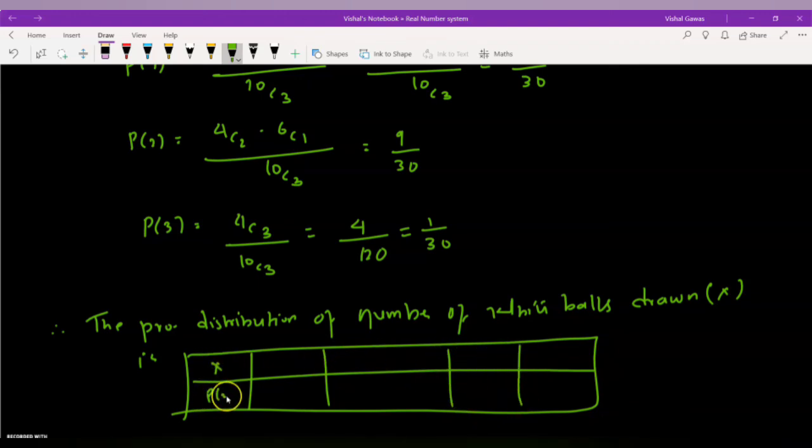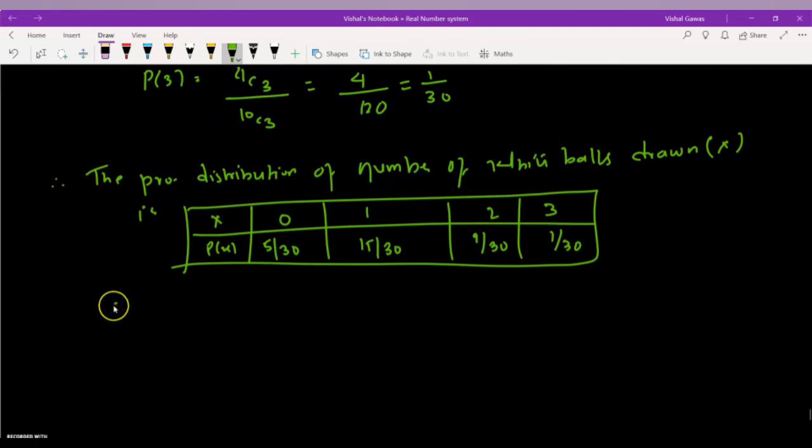This is x, this is p of x. x is 0, 1, 2, 3, and this would be 5 by 30, which we got first, then 15 by 30, then 9 by 30, and then 1 by 30, right?